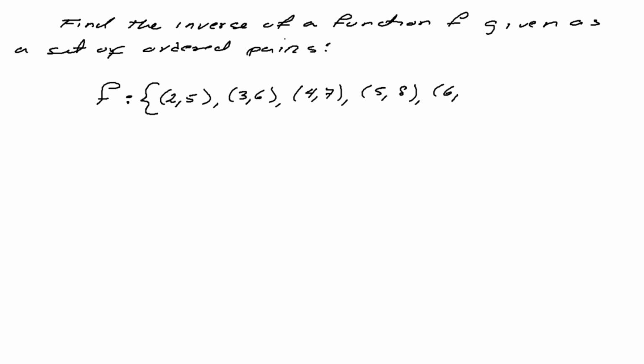As you see, we have a function expressed by these 5 ordered pairs. So remember that in each of these ordered pairs, the first coordinate corresponds to x, and the second coordinate corresponds to y.